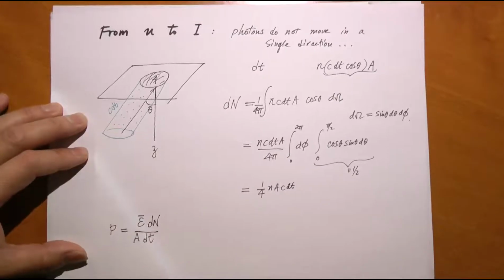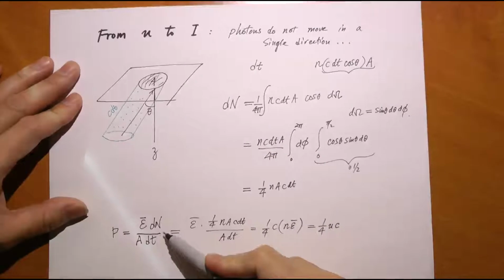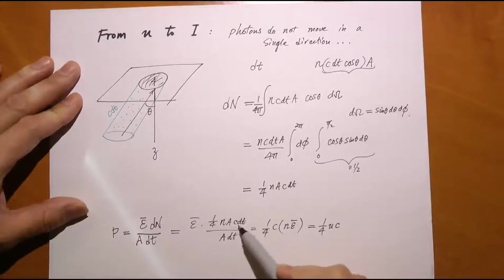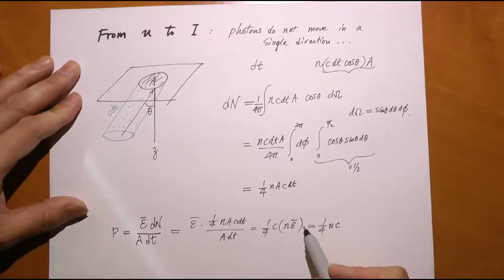Okay, let's see what that is equal to. We just plug in the expression for dn, which is 1/4 n A c dt, and cross out dt, and I get 1/4 c, and then n times the average energy. This is the average energy of all the photons. We're not limiting ourselves to a certain frequency, okay, all the photons.